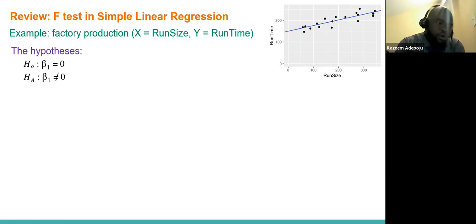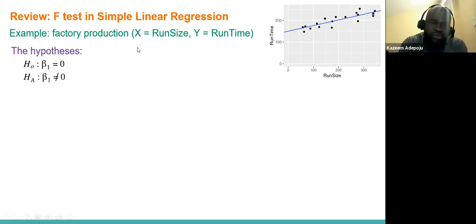Beta 1 is a regression slope that tells us the rate at which the response is going to change with regard to change in the predictor. And the significance of testing for beta 1 equal to 0 is that if beta 1 equals 0, then there is no connection between the two variables under review.